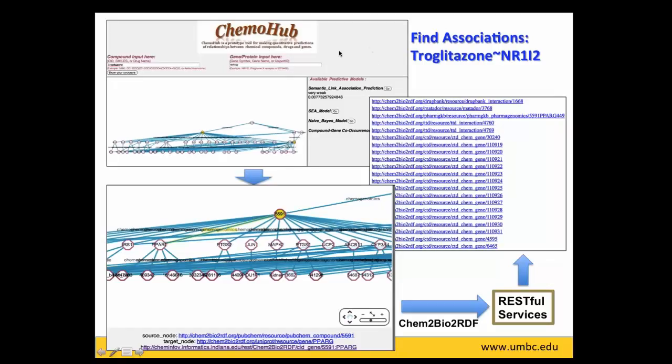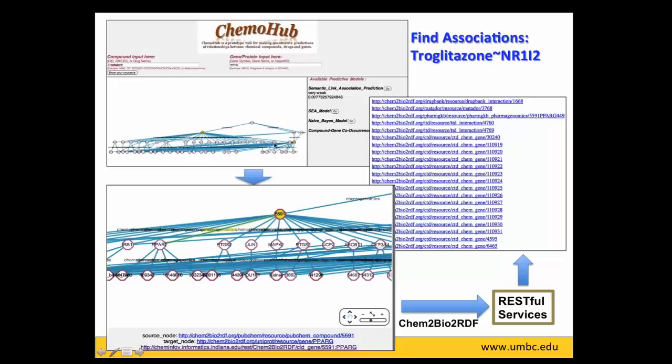For example, for this association, we tried to find the relationship between triglyceride and this particular gene. Based on this prediction model, we find that they have a very weak association. This just shows how these two nodes can be linked together through intermediate layers.